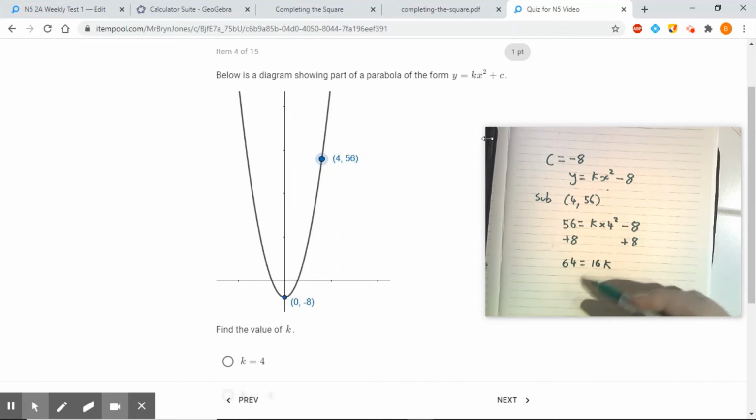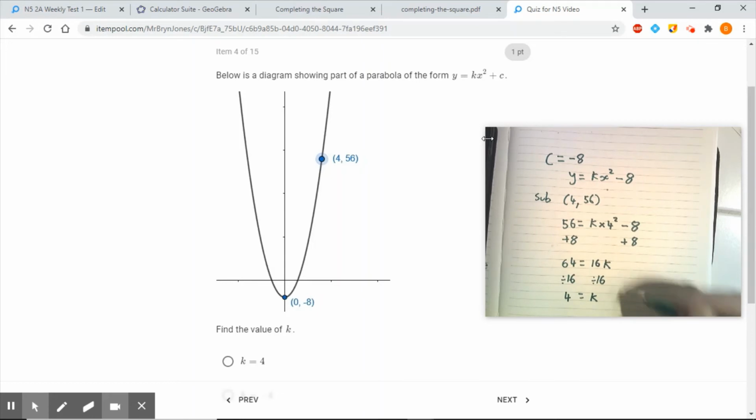Our final step is to divide by 16, the opposite of timesing by 16. 16k divided by 16 is k, which is what we're after, and 64 divided by 16 is 4. So k is equal to 4.